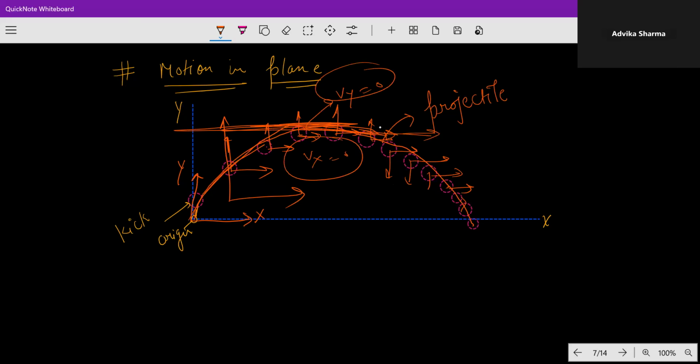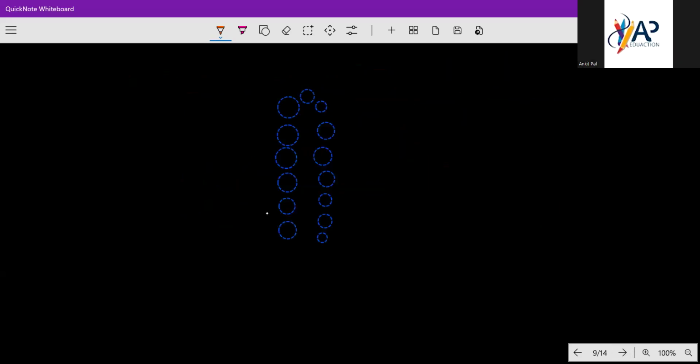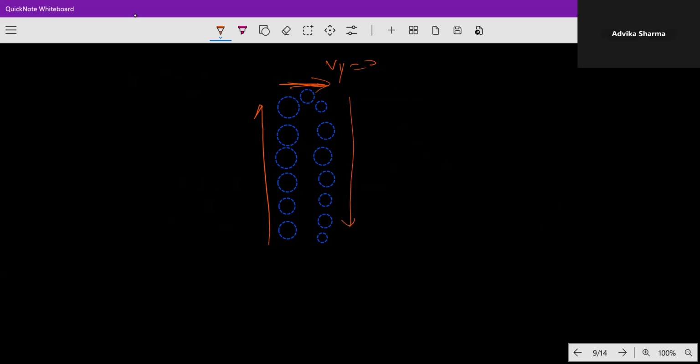After that, the velocity is continuously decreasing. See, the velocity is continuously moving in the y-axis. After that, the velocity is 0 in the y-axis, but the velocity is now continuously decreasing. This type of motion is considered motion in plane.